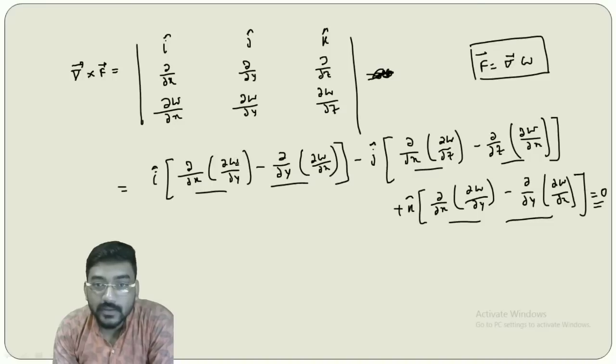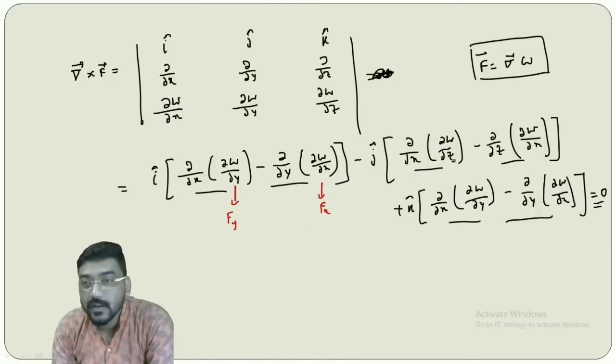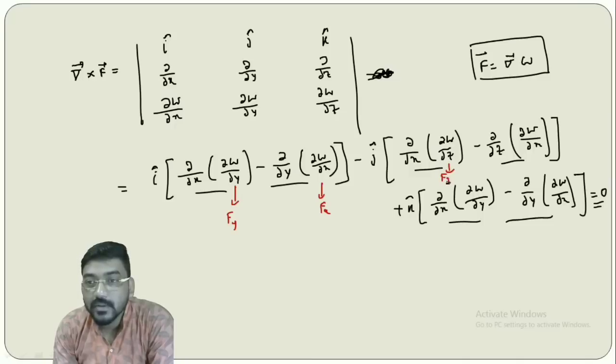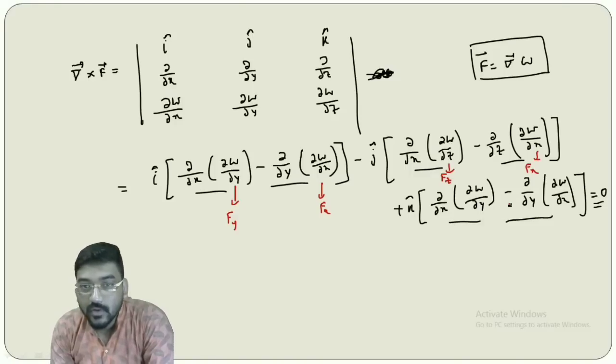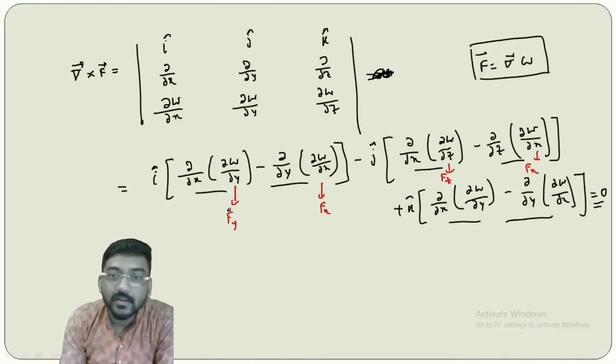And what is this del W del y? This is just the y component of f, that is fy. And this is the x component of f, that is fx. This is the z component of f, which is fz, and so on. So what this actually means is del fy del x should be equal to del fx del y.